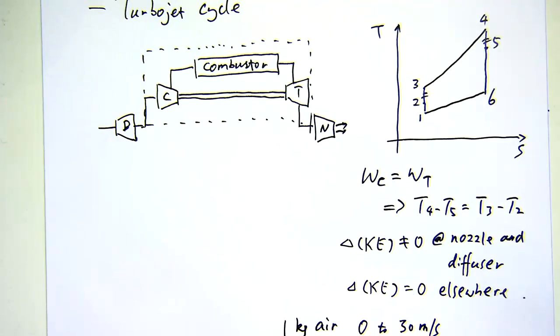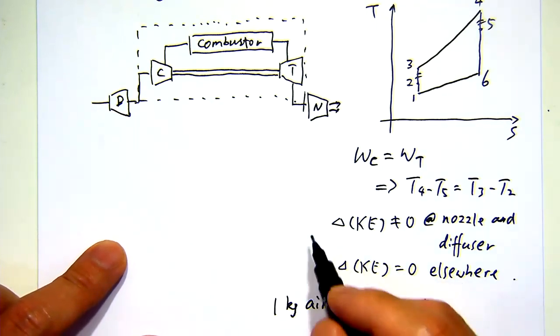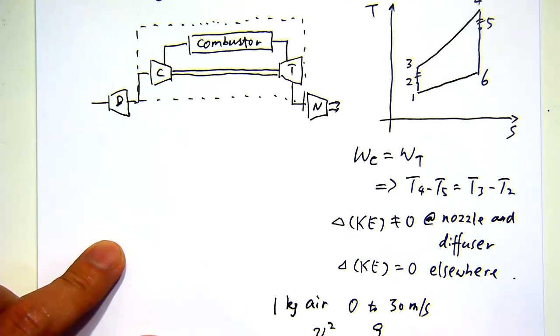So if you consider that, you can estimate how much kinetic energy this is in terms of enthalpy. The mass-specific kinetic energy, delta KE, from 0 to 30 meters per second, will be V squared divided by 2. That will be 900 divided by 2, so 450 joules per kilogram.